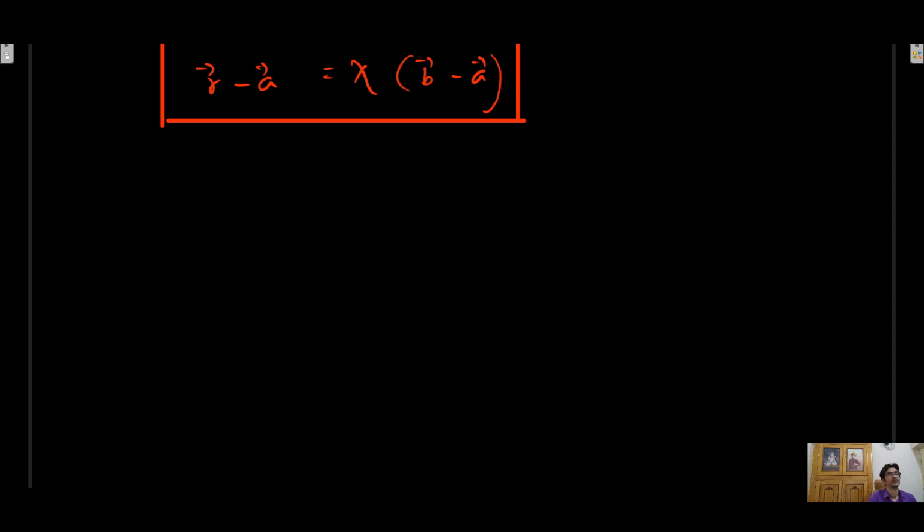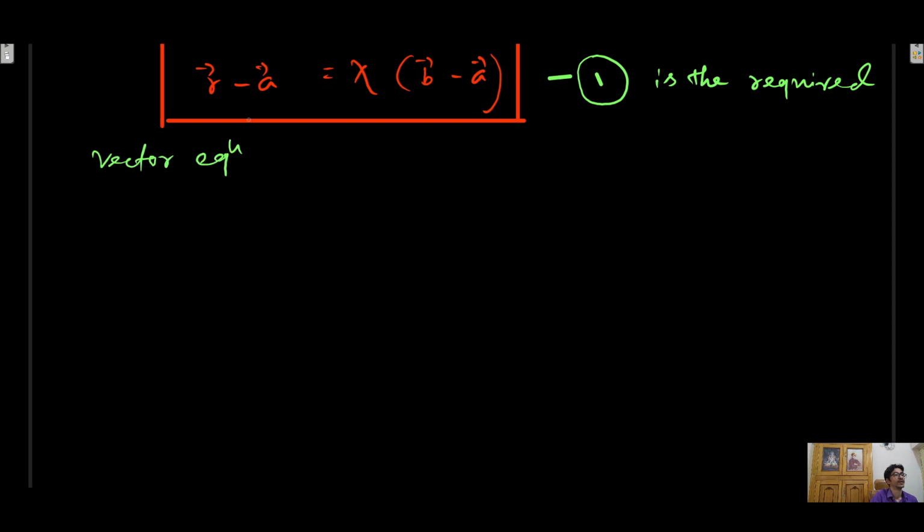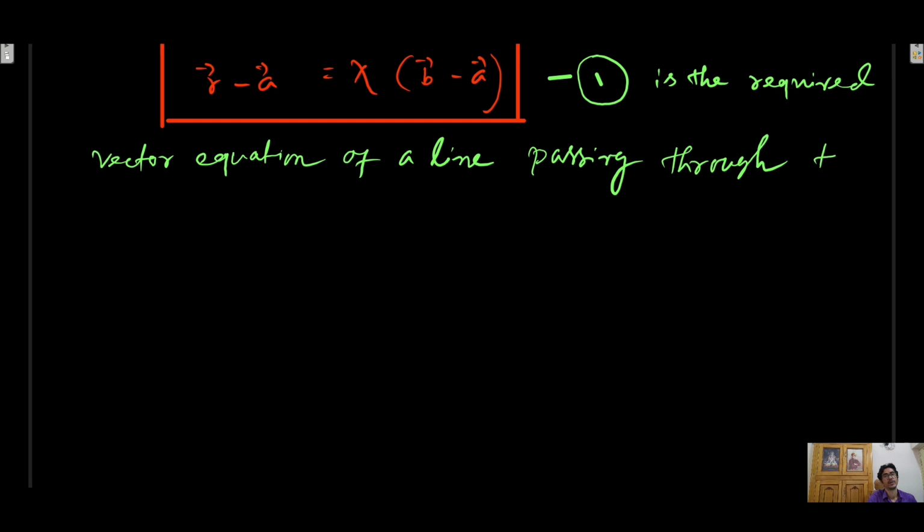So equation 1 is the required vector equation of a line passing through two given points.